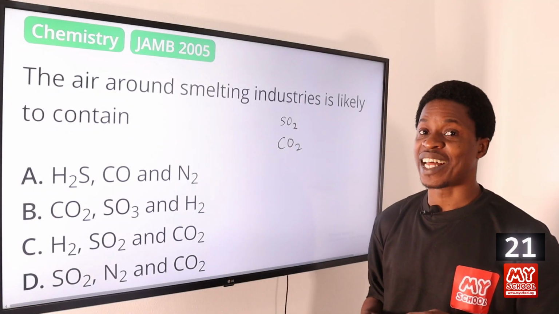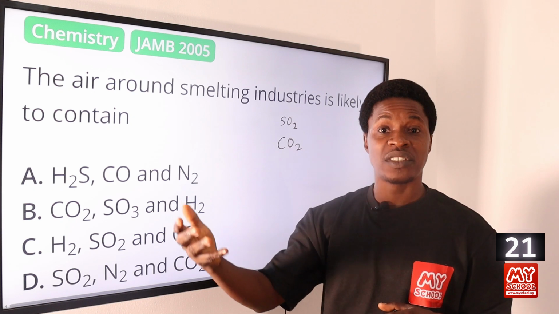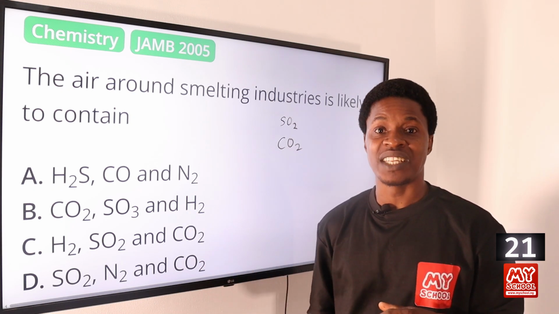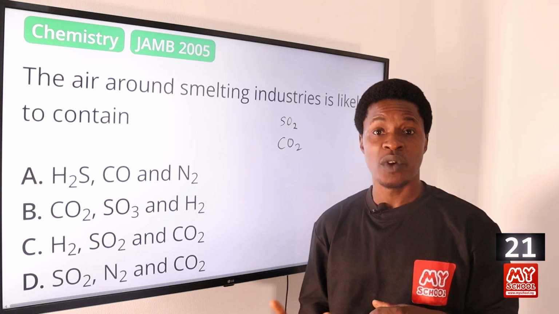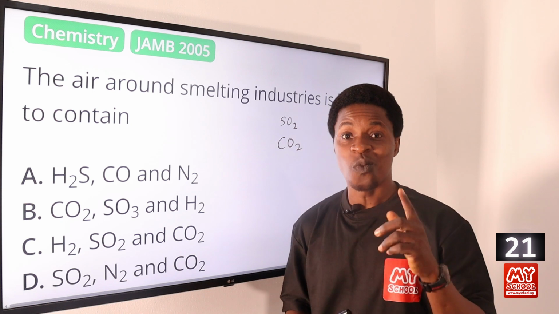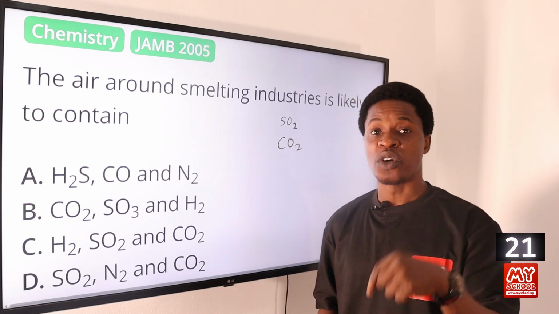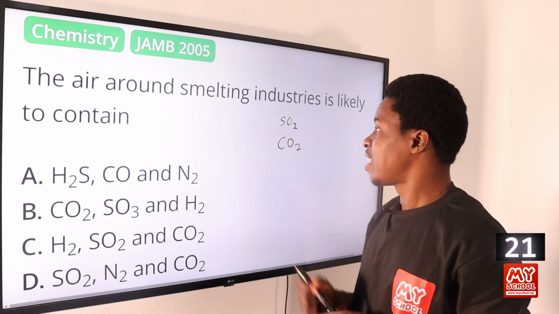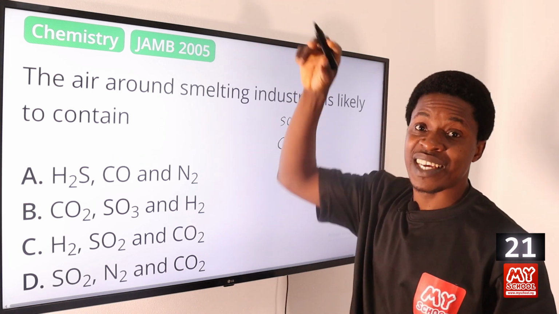Then smelting requires something to generate electricity. We need electricity to drive that. We call them fuel cells, and what is used as the fuel is actually hydrogen. So hydrogen is used in fuel cells in the smelting process, and hydrogen gas will also be in the air.